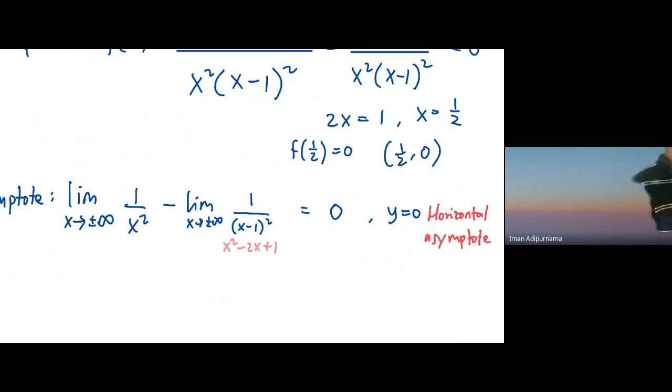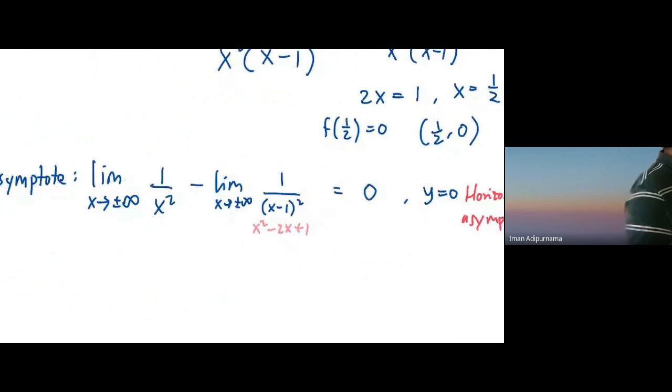And then for the vertical asymptote, from the function itself, we see that it doesn't have x equals 0 and x equals 1, and probably that will be our asymptote. We can check with limit.